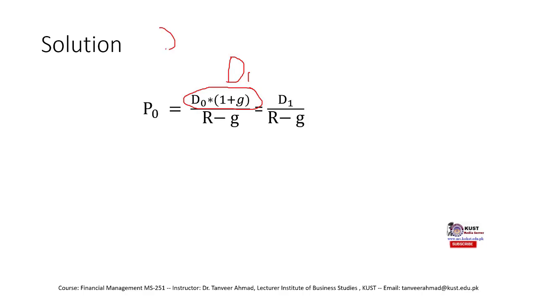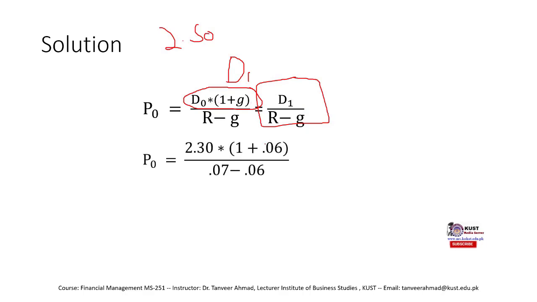So let's say the previous year's D naught was 2.50. If we find what the additional growth amount is and add it to it, then it would be called D1. So this is nothing but D1. So our basic formula to find the P naught in the case of the constant growth model is D1 divided by R minus G. Then D1 is equal to D naught into 1 plus G.